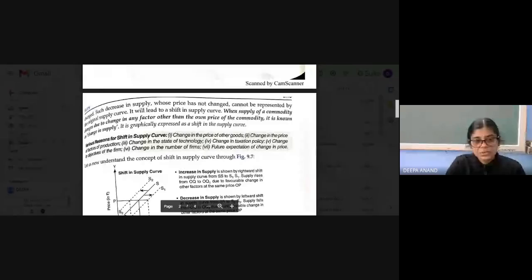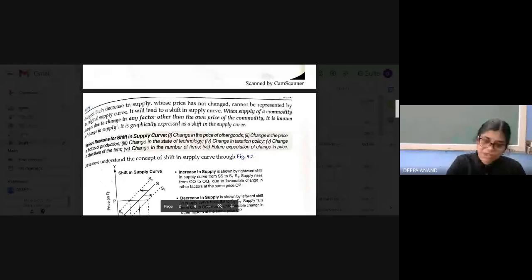Change in supply means change due to other factors like change of price of other goods, change of technology, change of goal of the firm, change of taxation policy, change in future expectation. Due to all these factors the supply changes. That is known as shift, change in supply or shift in supply.